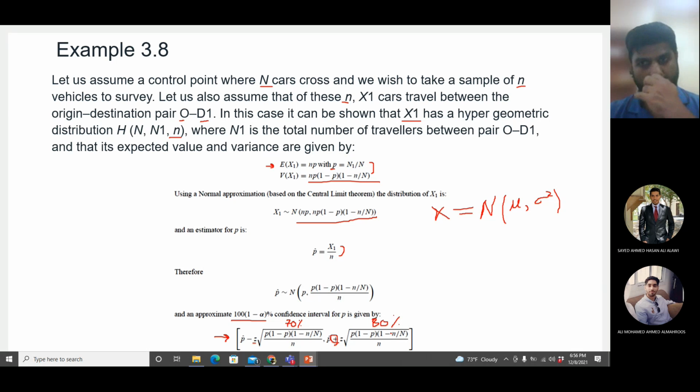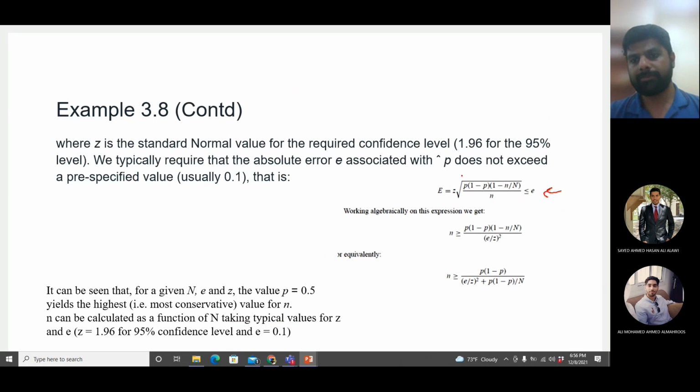So the error equals this entire thing, and you want to keep the error within a limit. If you say 10%, then you will put this entire thing equal to or less than 10%. If you are allowing an error of 20%, then you will put this entire thing equal to 20%. So how much error are you allowing?